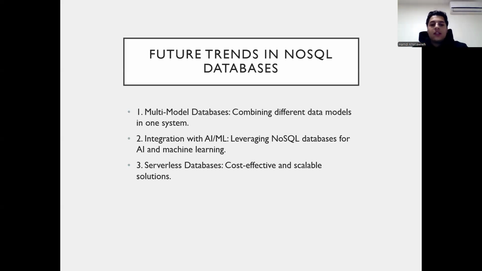Thirdly, we have serverless databases. These are managed services that automatically scale and handle infrastructure, reducing operational overhead. The future of NoSQL is about combining flexibility with intelligence, making it easier to store, query, and analyze complex data.